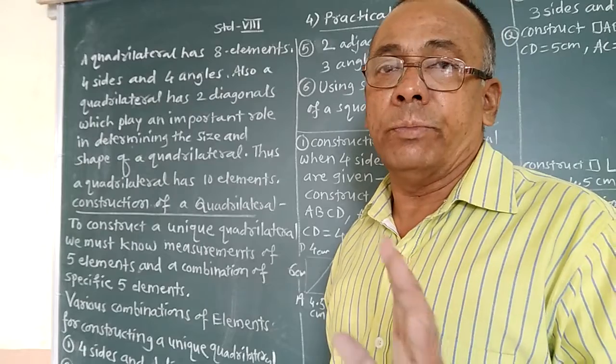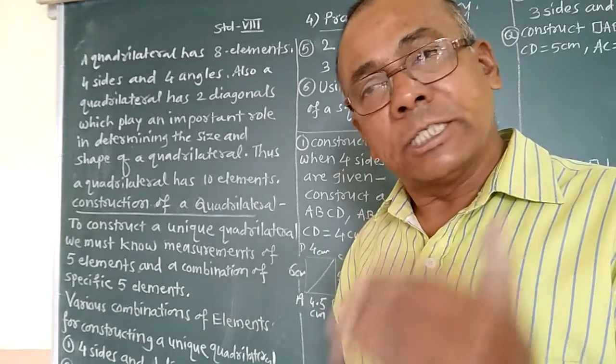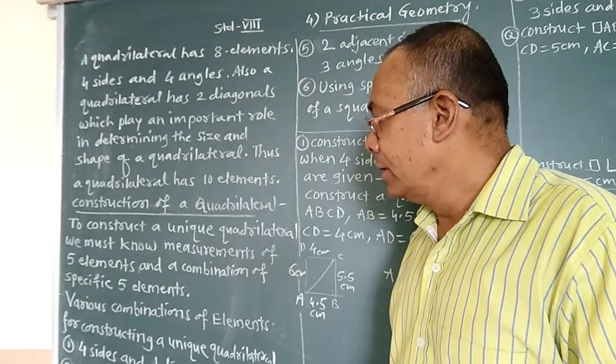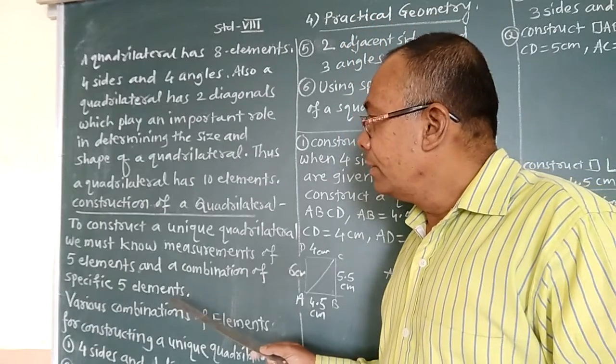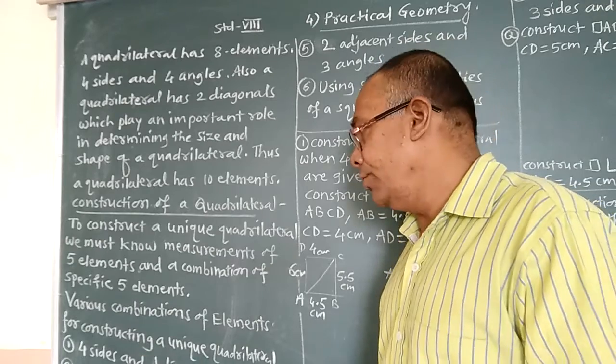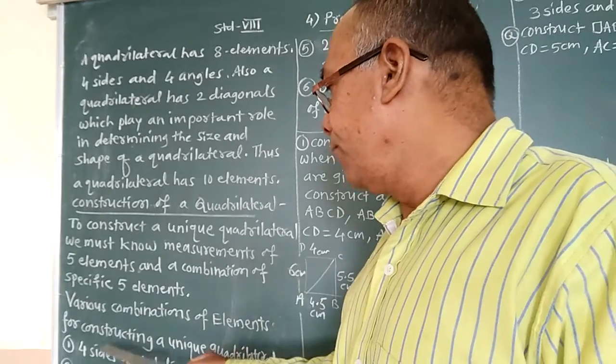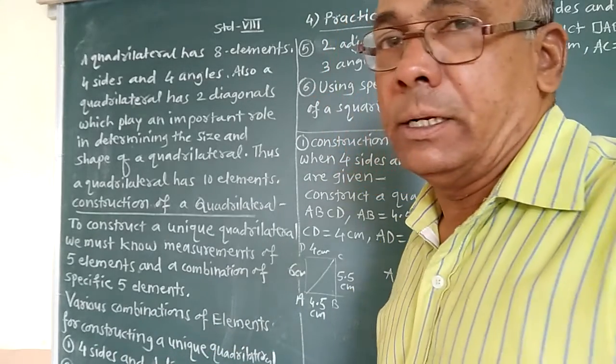Not only 5 elements, but we must know the combination of specific elements. So there are various combinations which we are going to see now, for constructing a unique quadrilateral.